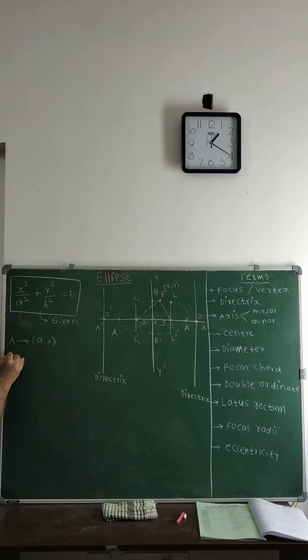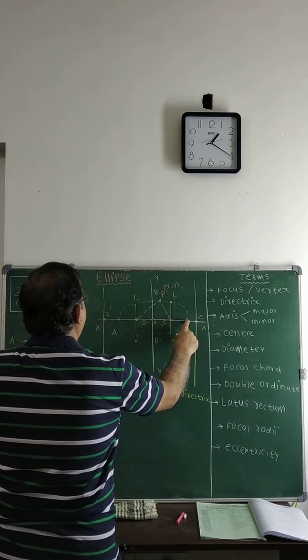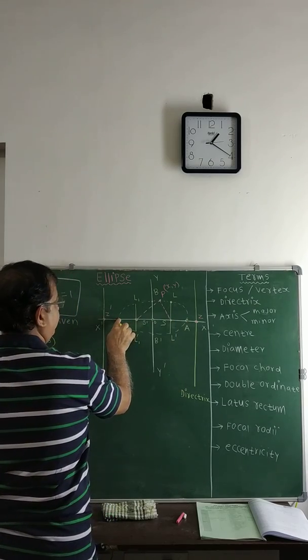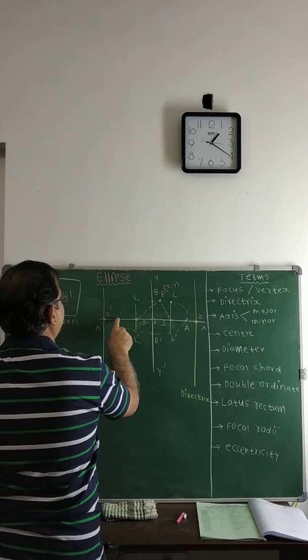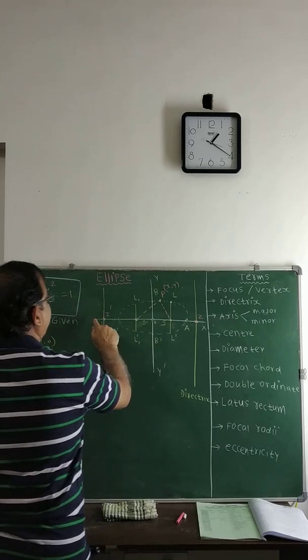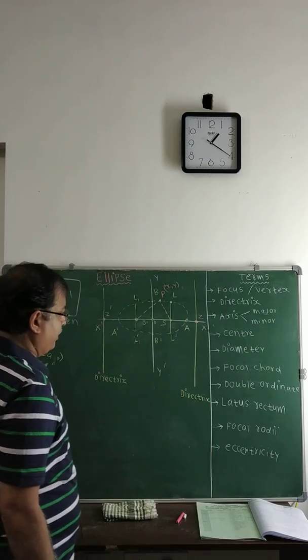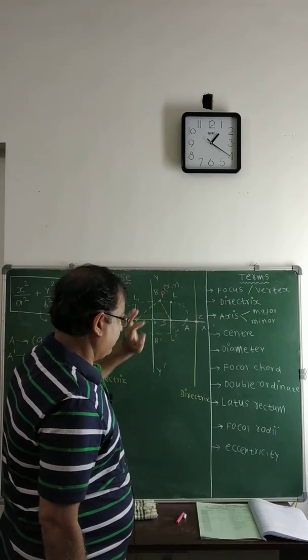It is on positive x-axis, and another vertex A dash will have coordinate minus a comma 0, and a can be calculated from the given equation here. So this is the one vertex, this is the another vertex, a comma 0 and minus a comma 0. That is the x-axis. So here vertex is on the x-axis.